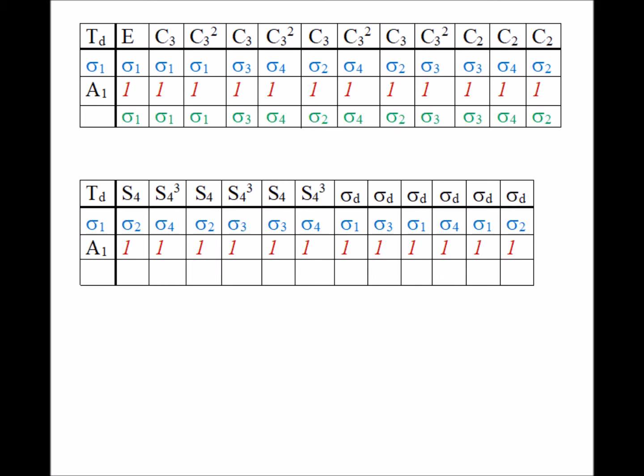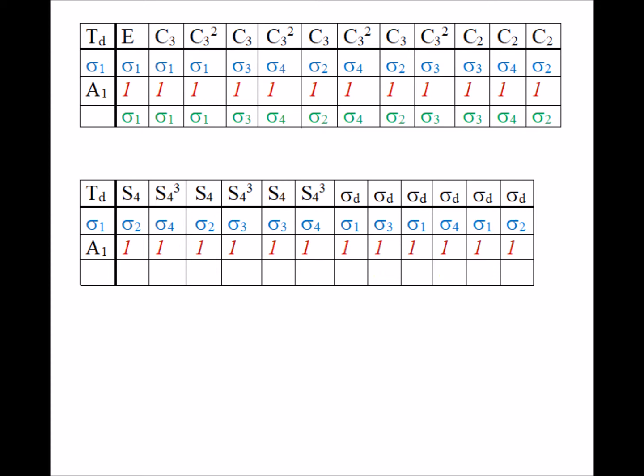We multiply the numbers in red in the second row by the sigma characters in the first row to get the values in green in the third row. Essentially, it's going to be repeating the first row because we're multiplying each and every term by a positive 1.